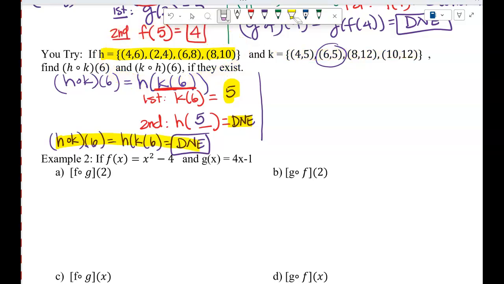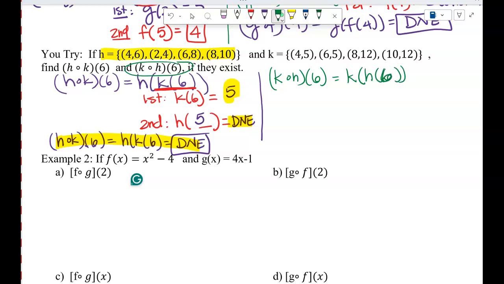Now let's do the second half really quickly. We're going to do a similar process, but we're going to do k of h of 6, which is k parentheses h parentheses 6, okay? Remember, we want to do the inner component first. The inner component is h of 6.